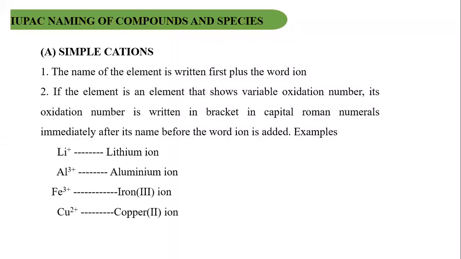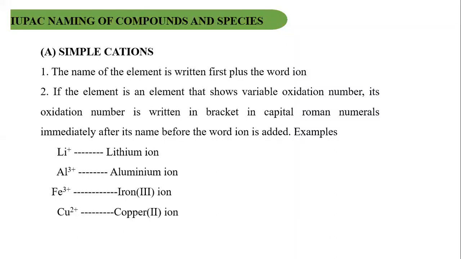I know some of you are thinking already and you have questions to ask. Say, but how would we know which element shows variable oxidation state and which one doesn't? The ones that do, we put the oxidation number in brackets. Yes. I will soon give you a table of those elements that show variable oxidation state.